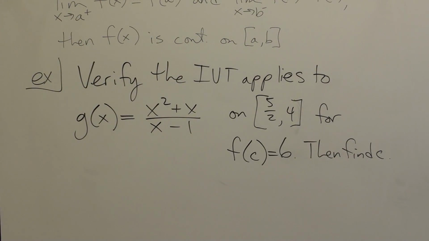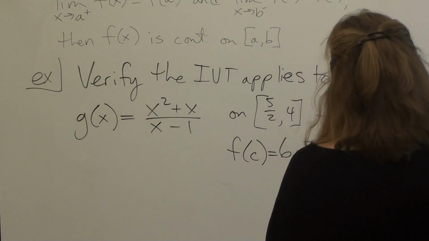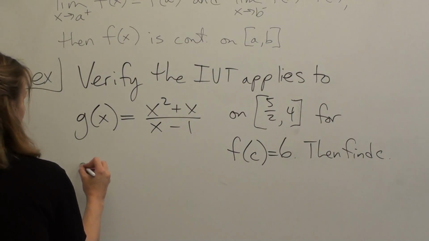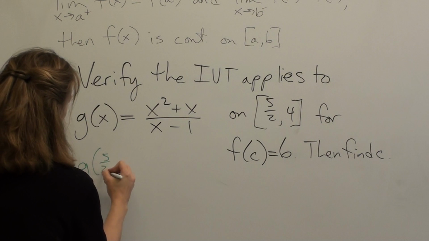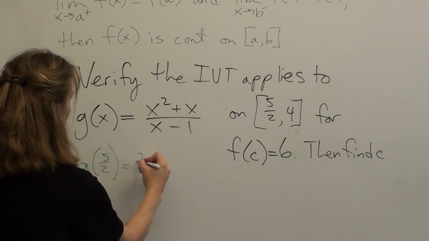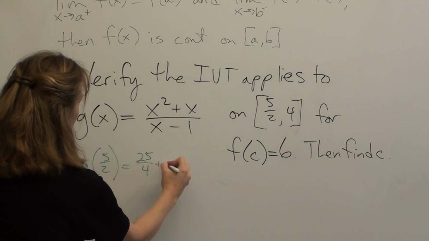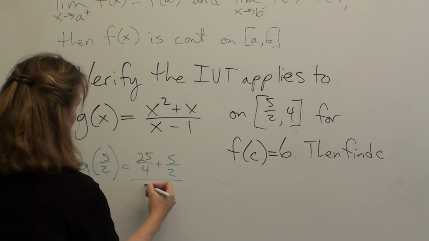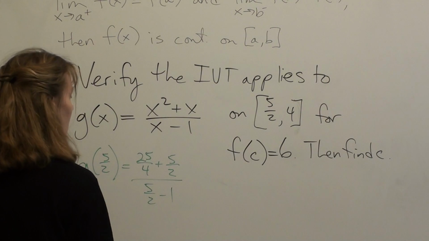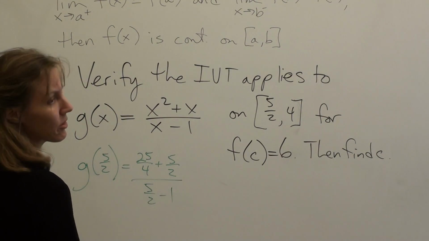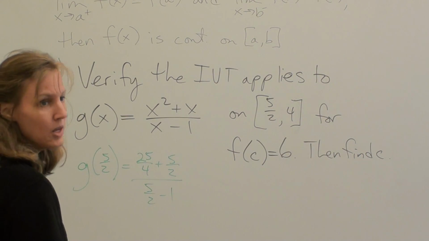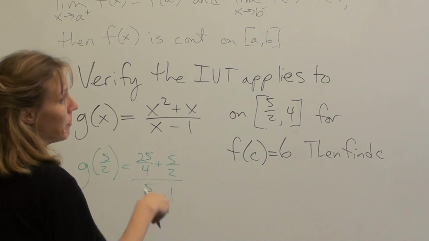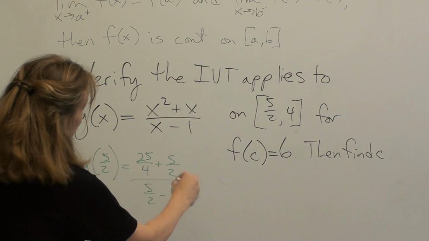I'm going to walk you through this real quick, because, of course, we won't have a calculator, right? So g of 5/2 equals 25/4 plus 5/2 over 5/2 minus 1. I personally don't want to sit here and combine all these fractions, so instead I'm going to multiply the whole top and the whole bottom by my LCD of 4.